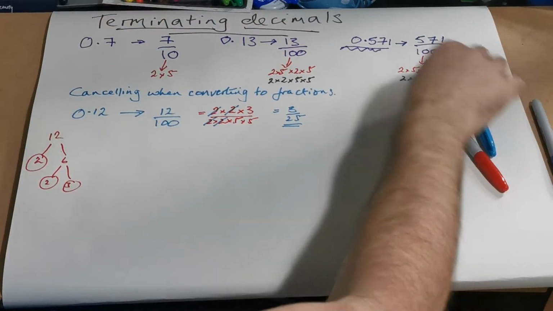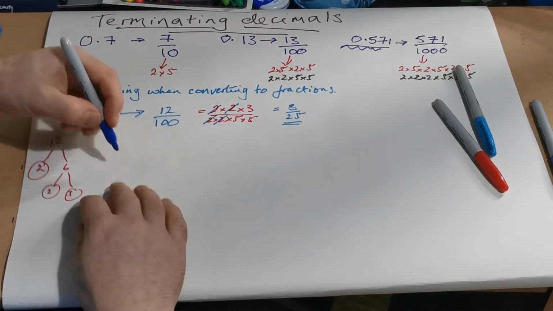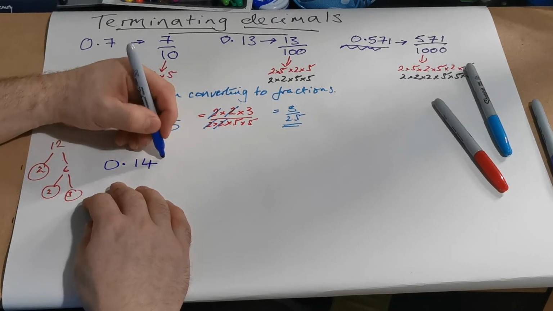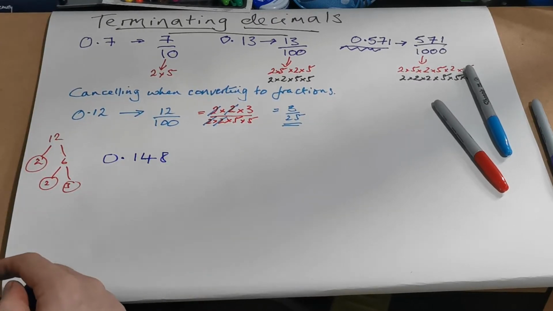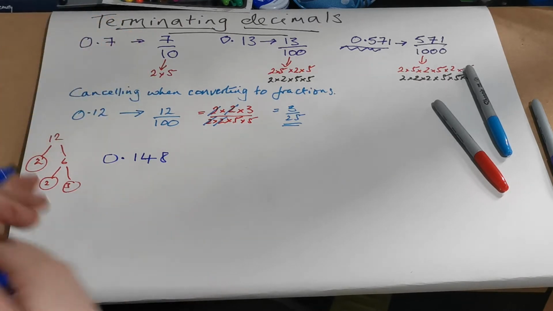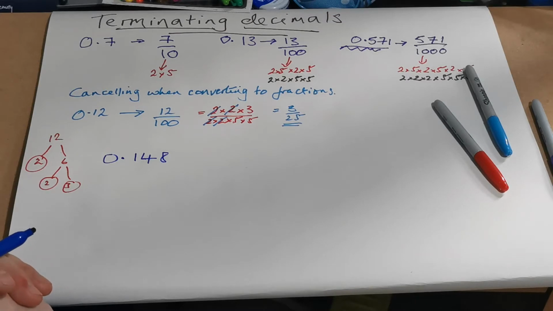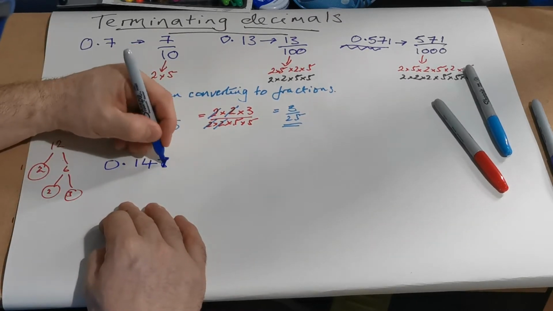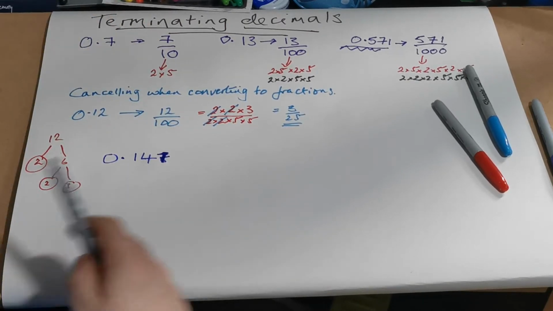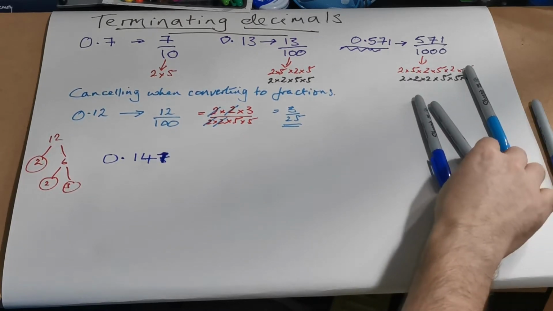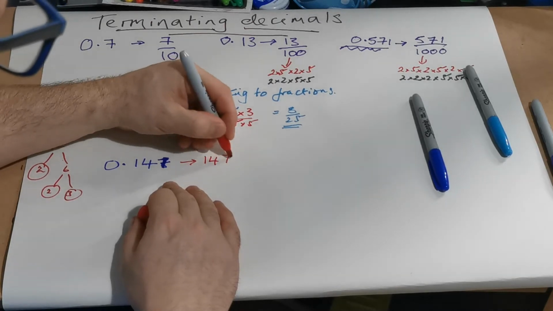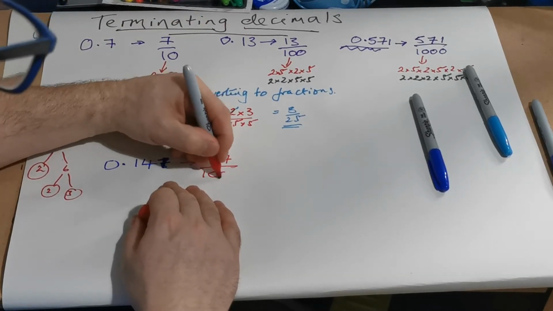Let's look at a slightly more complicated one. Or should I go for something different? 147 I'm going to go for. Okay, 147. So, I've got 147 over 1,000.